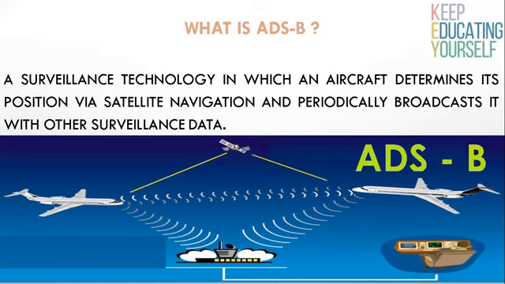The ADS-B data sent by the ground receivers are processed by ATS surveillance systems and presented to the air traffic controllers as exclusive ADS-B information or as integrated surveillance information, thereby providing enhanced situational awareness to the air traffic controllers.